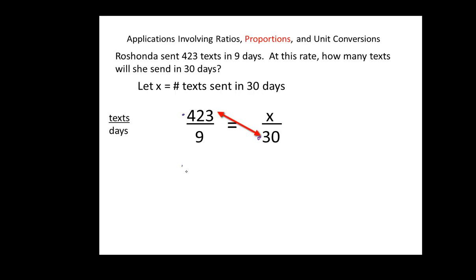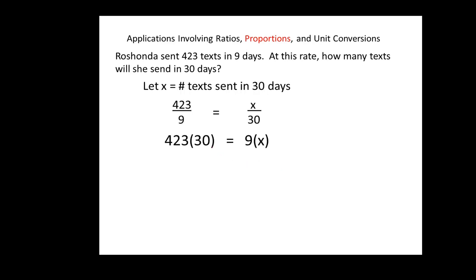So I have 423 times 30 equals, and these are known as the means. The product of the extremes is equal to the product of the means. In other words, we multiply across. Notice we end up with an equation. We don't end up with a fraction. That's another mistake that people sometimes make.